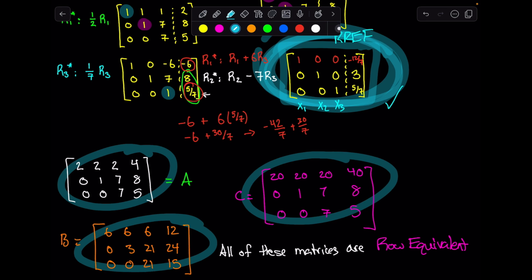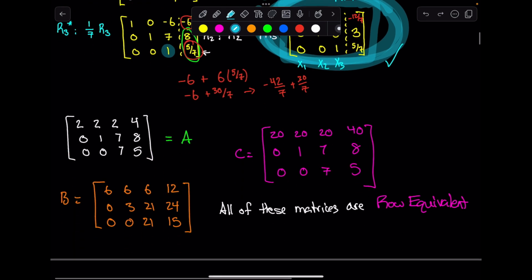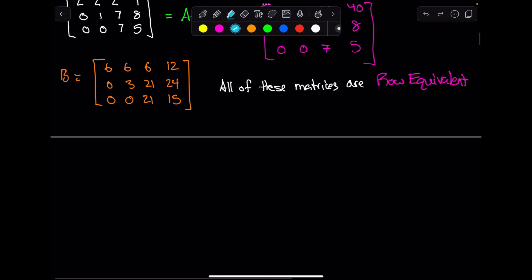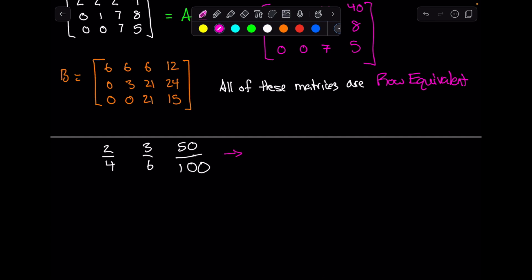And that's a key takeaway with row reduced echelon form. The idea is just like back when we did algebra way back in the day and we had 2/4 and 3/6 and 50 over 100. All of these fractions are the exact same, but it turns out that the easiest fraction that we use to represent all of these is 1/2, because 1/2 is the most reduced, simplest, easiest form to use.